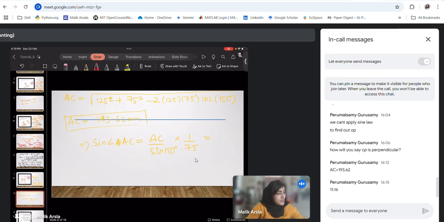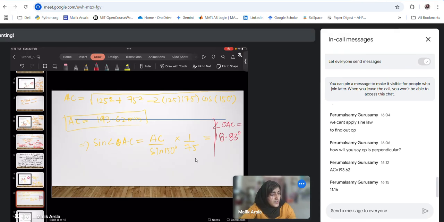It should be coming out to be 18.83 degree. Can you cross check it once? 18.83 degree is the correct answer. So now we have found out, basically this is the angle OAC. Angle OAC is coming out to be 18.83 degree.